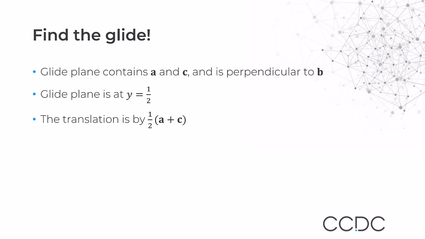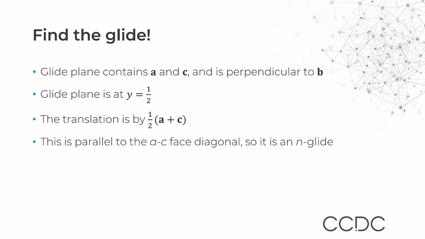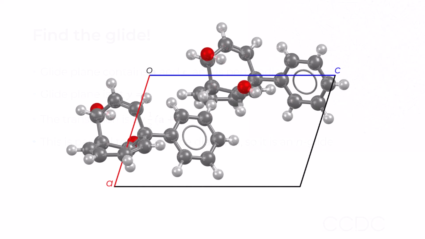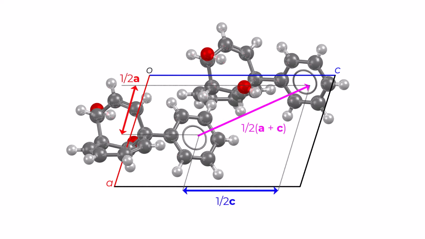The translation is by a half c and a half a, so we have an n glide rather than a c glide. We can confirm this by looking at the view down b. As you can see, the translation is parallel to the face diagonal in this projection.